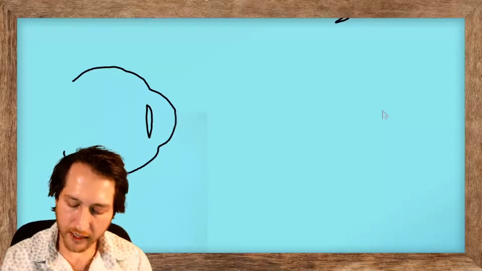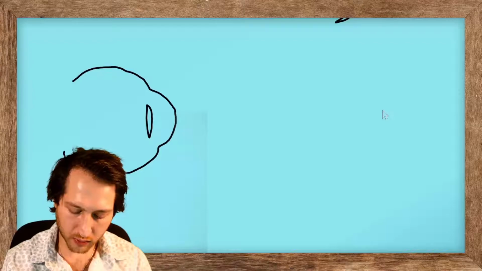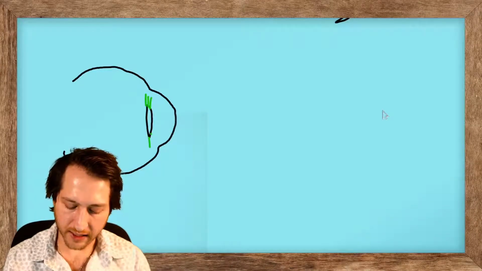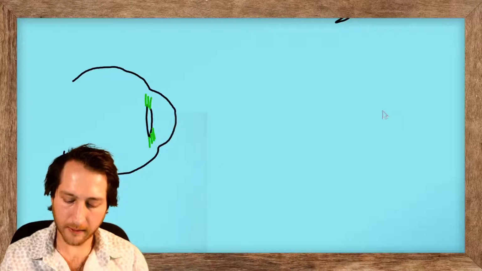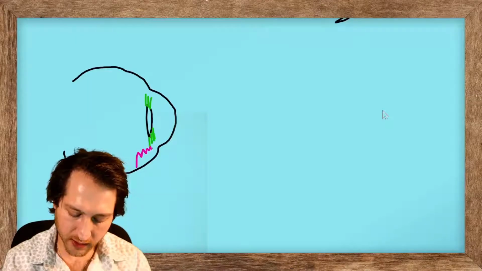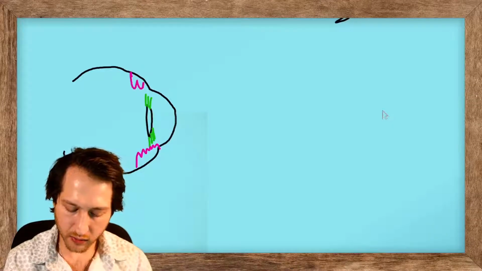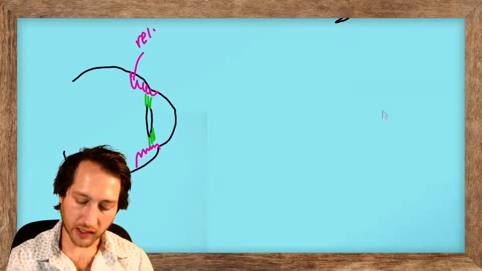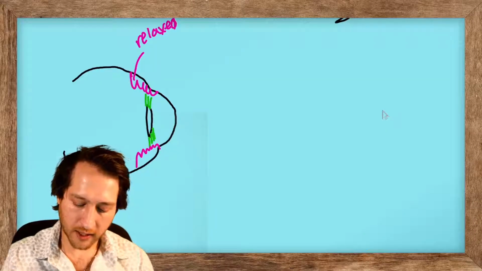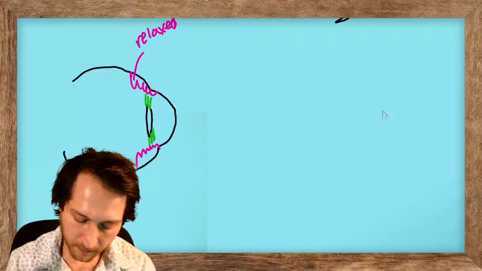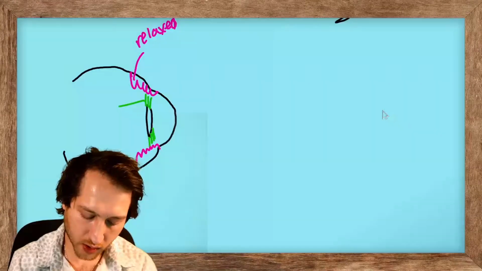Now, in order to do that, those zonule or those suspensory ligaments have to be very taut or contracted, okay? Now, in order for that to happen, the ciliary muscles have to be relaxed. So the ciliary muscles are relaxed, and that allows for these zonule fibers to be taut or stiff.